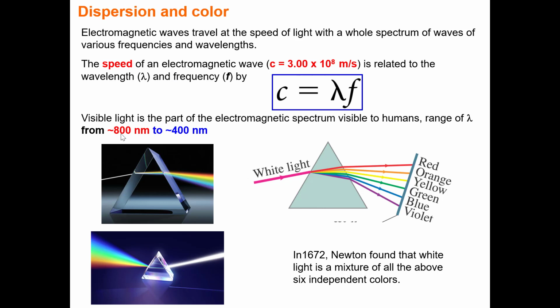One more thing I want to say is this is the range of wavelength we can detect: 400 nanometers, which corresponds to the blue-violet region, and 800 nanometers, which corresponds to the red light.